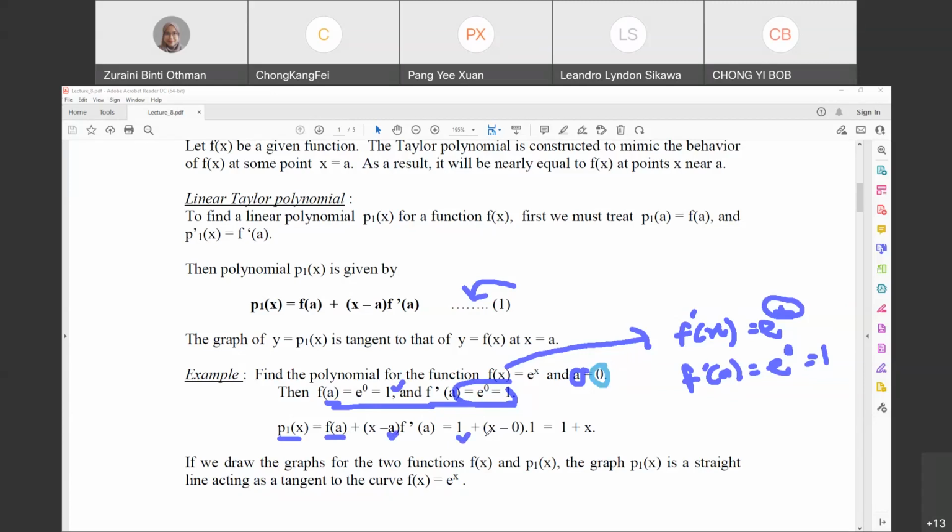Ni, kita gantikan x minus 0 and f prime(a), just now we get f prime(a) is equal to 1. And for P1(x), for the linear Taylor polynomial for this function, it is 1 plus x. Okay, this is how we find the linear Taylor polynomial by using the given information. Okay, any questions so far?